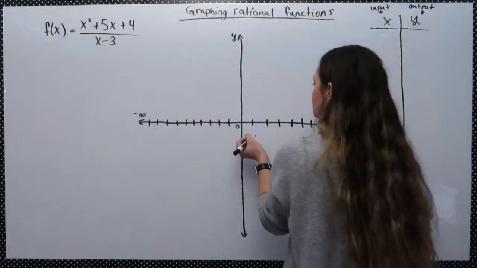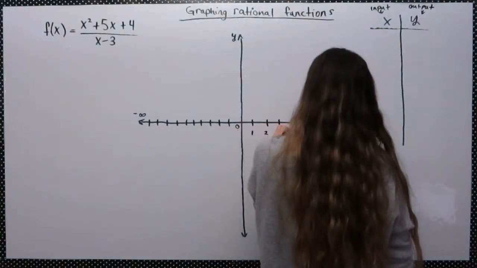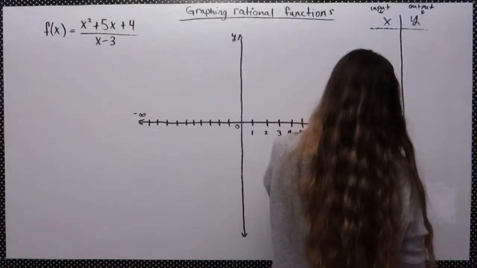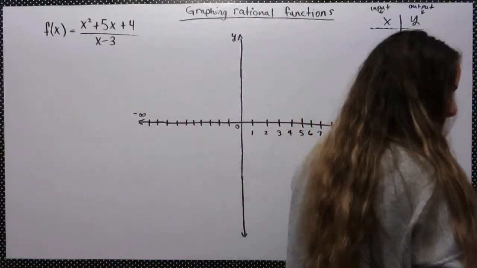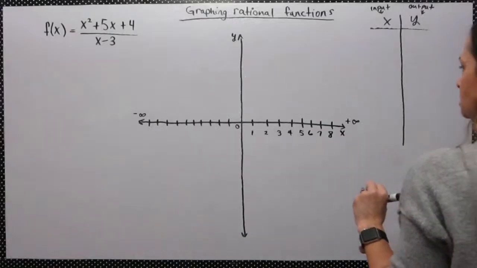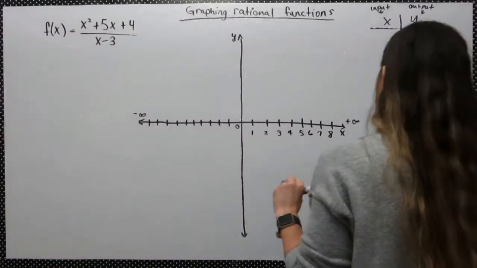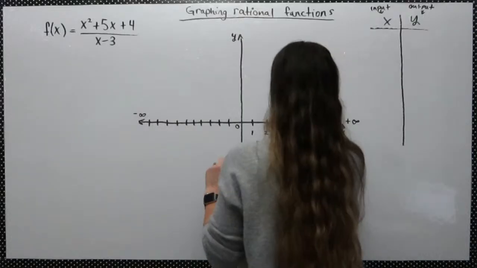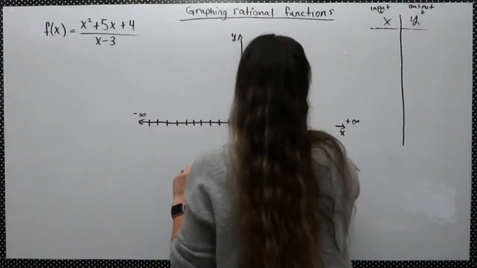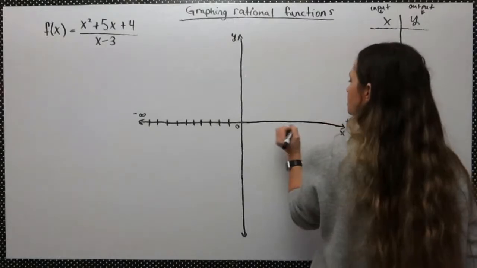We'll just pick values 1, 2, 3, 4, 5, 6, 7, and 8. Honestly, I'm not going to go out further than 5 on this one, so let's change the scale just a little bit. Of course, I have to get my eraser out.